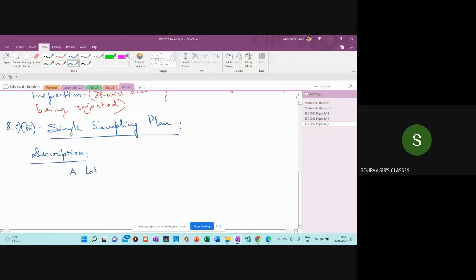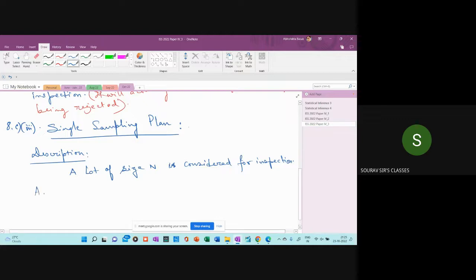A lot of size capital N is considered for inspection.